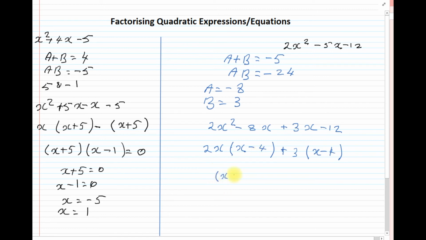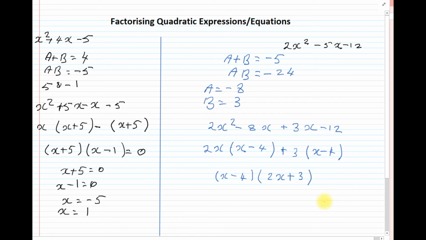I can write x minus 4 factored out, and then I'm left with 2x plus 3. So 2x squared minus 5x minus 12 factorizes into x minus 4 times 2x plus 3. If we multiply these out, we'll get the expression above.